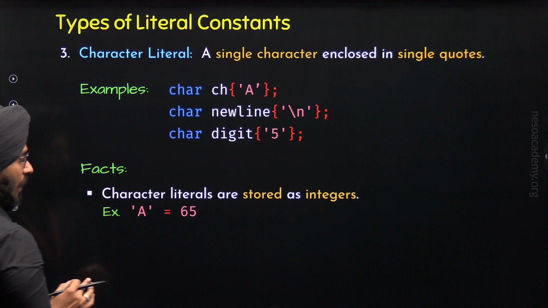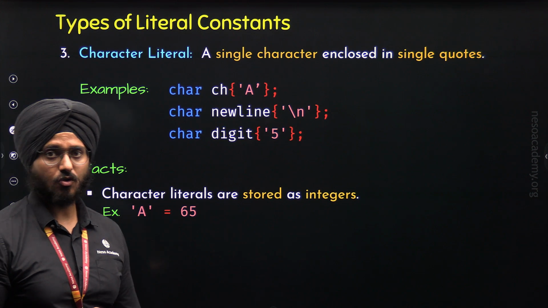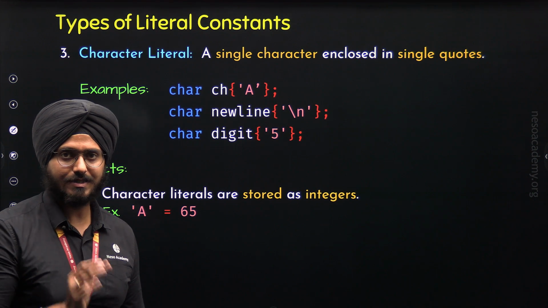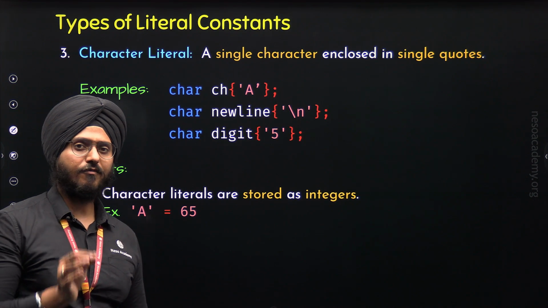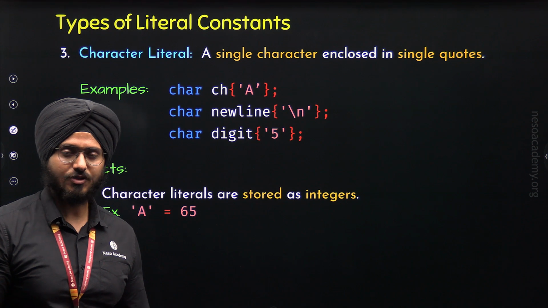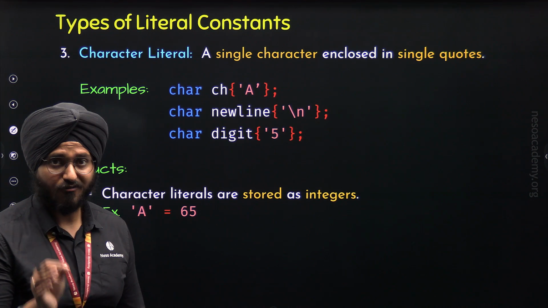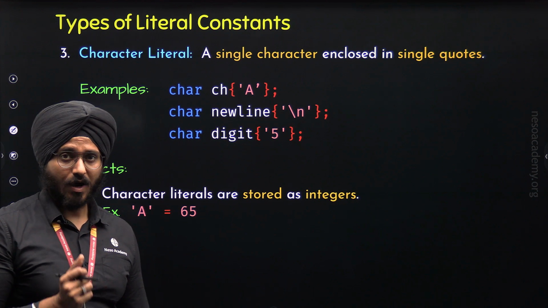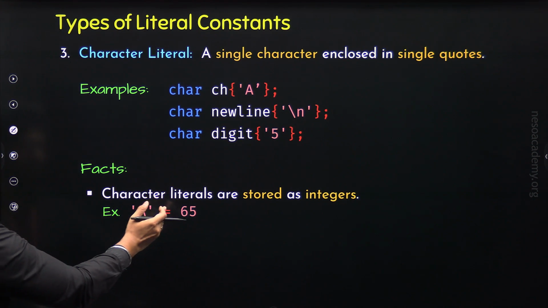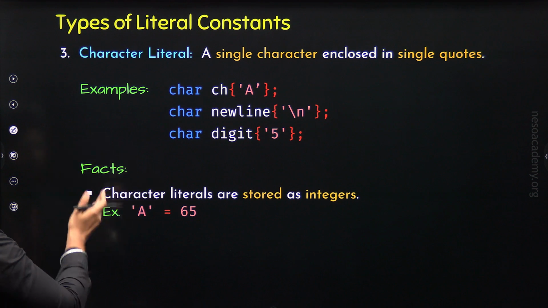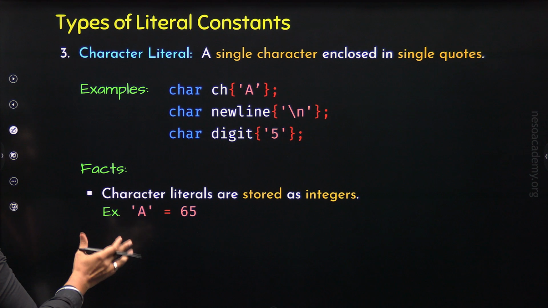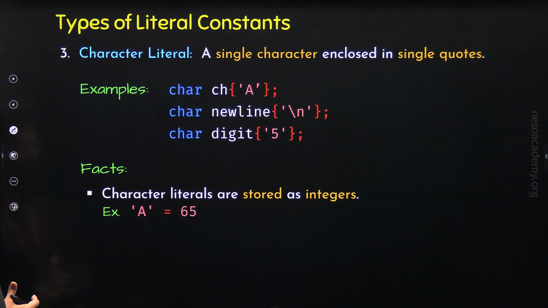This value is provided by a standard which is called the ASCII standard. The full form of ASCII is American Standard Code for Information Interchange. This standard provides various values or integers to these characters. So each character is mapped to an integer by the ASCII standard.